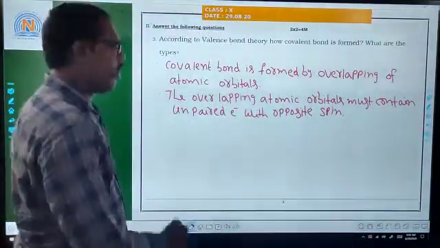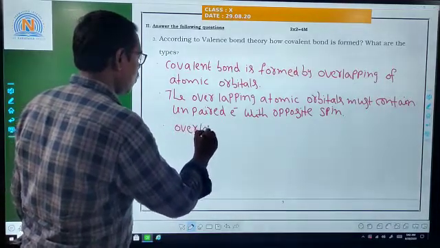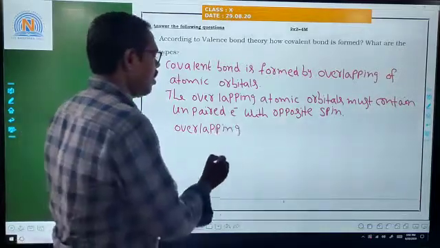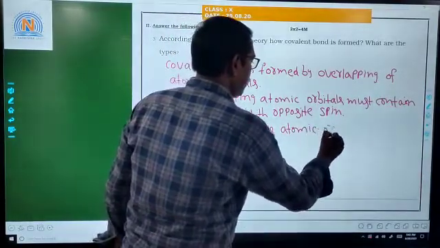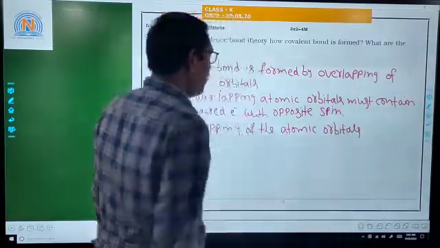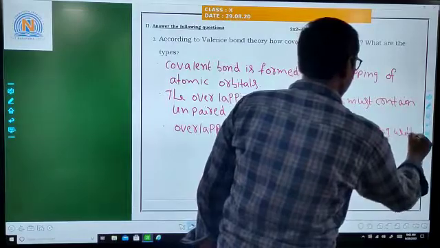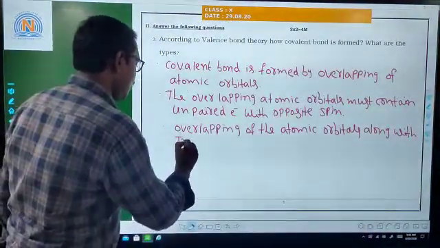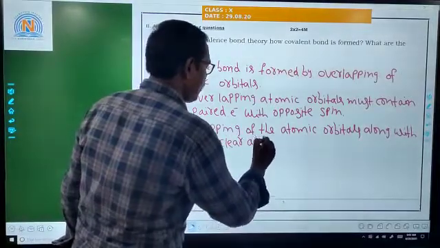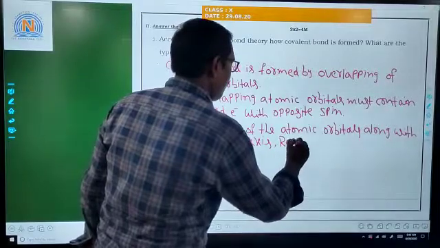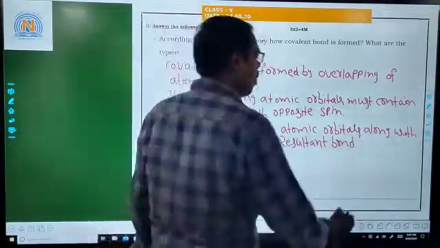Here the bonds are of two types. How? Overlapping of the atomic orbitals along the internuclear axis, the resultant bond is called a sigma bond.